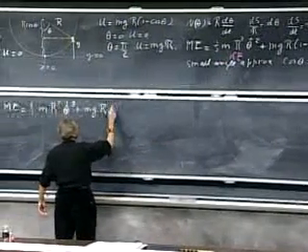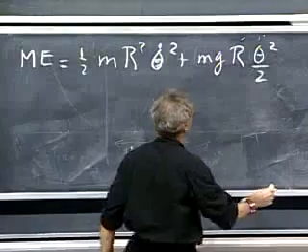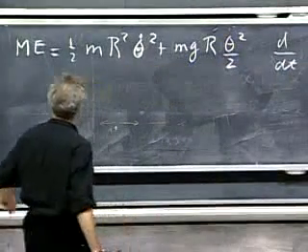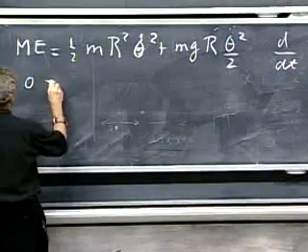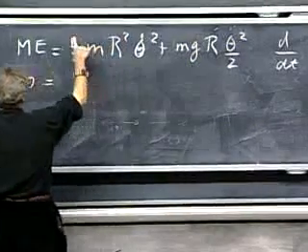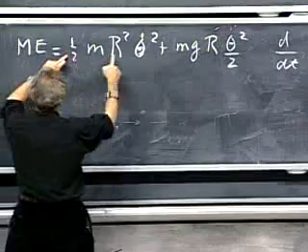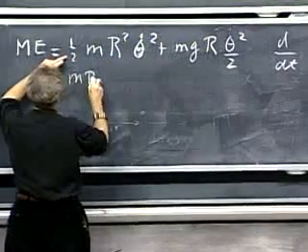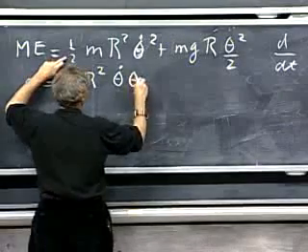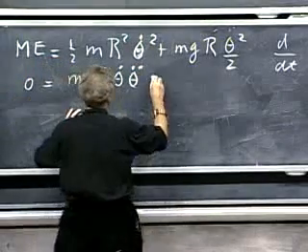So I get simply theta squared over 2. And now I take the time derivative. So this becomes 0 equals. Now, I get a 2 out of here, which eats up this 1/2. So I get m r squared. Then I get theta dot, but the chain rule gives me theta double dot.